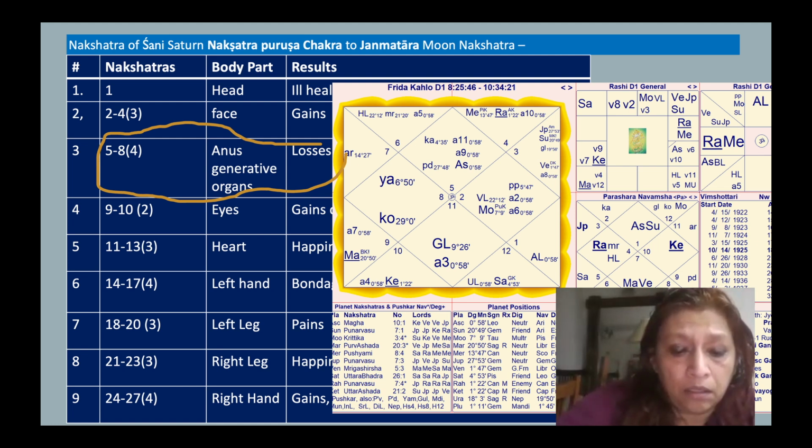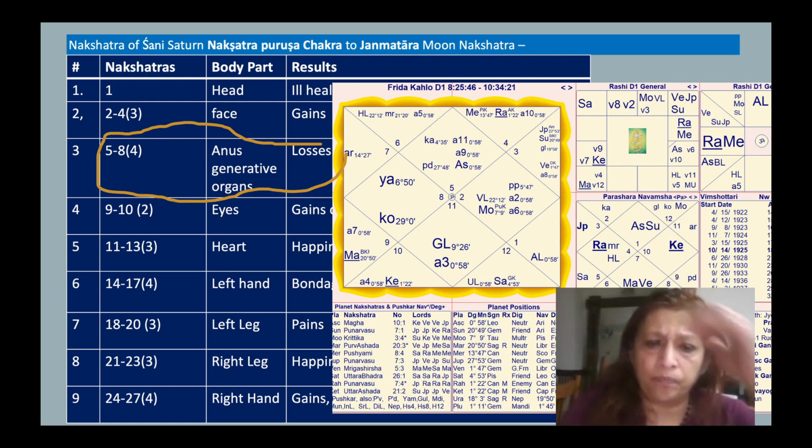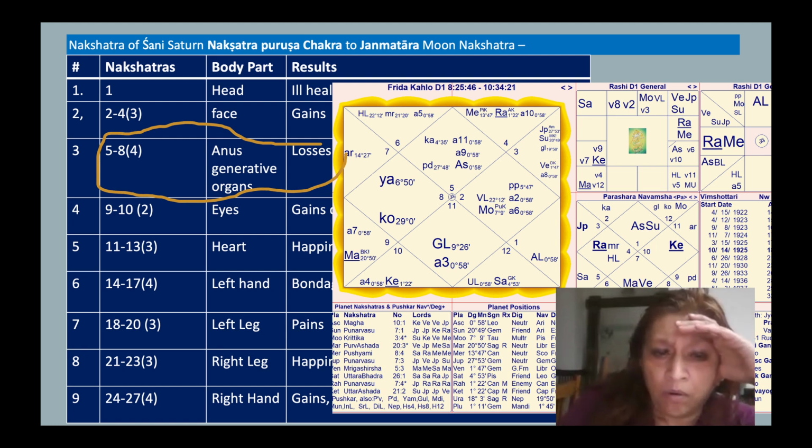Frida Kahlo accident. On the day of September 17th, 1925, Kahlo was riding a bus with her boyfriend Alejandro Gomez when it collided with a streetcar.